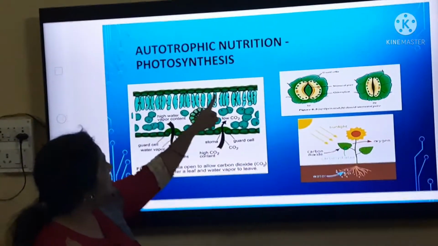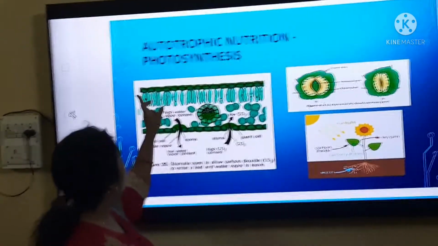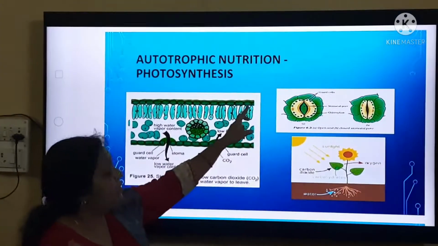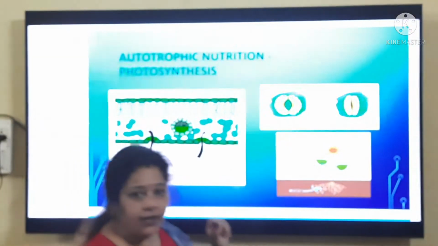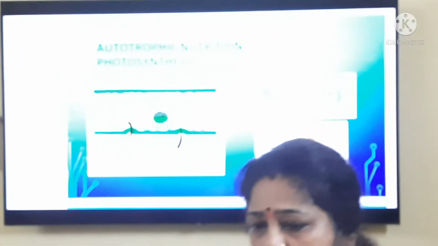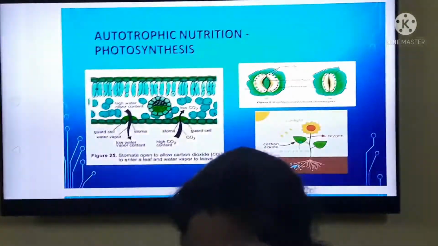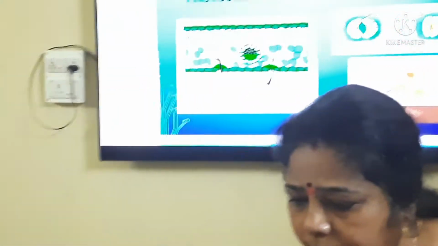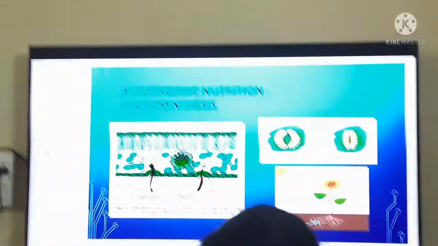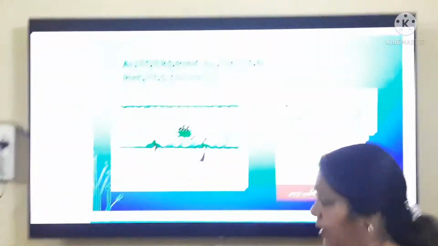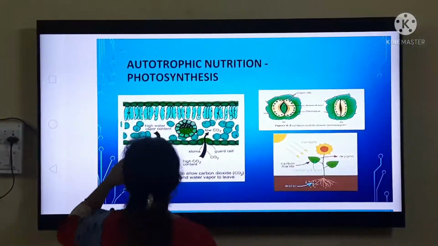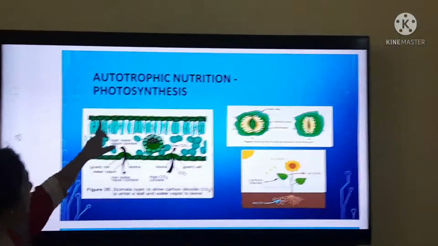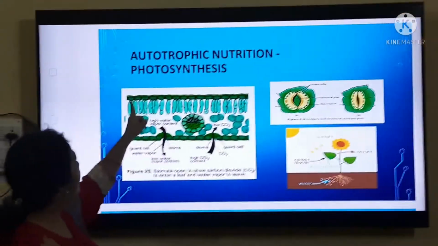The uppermost is the epidermis, above the epidermis is the cuticle or the waxy layer. That is the cuticle or the waxy layer, and here below this is the epidermis.